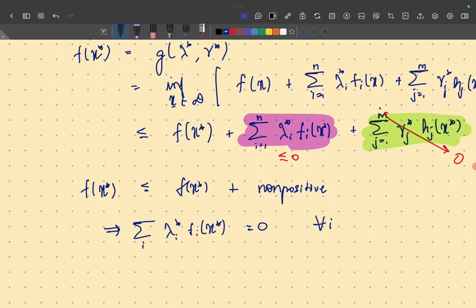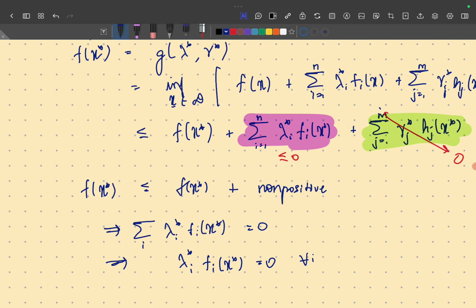Should be equal to 0 for all i, which means that lambda i star fi of x star is equal to 0 for all i, because each one of them is non-positive. All of them have the same sign.